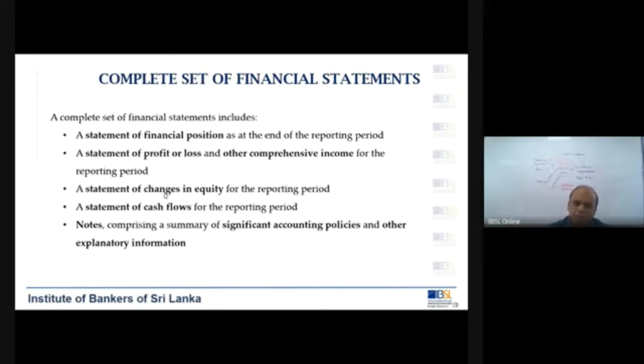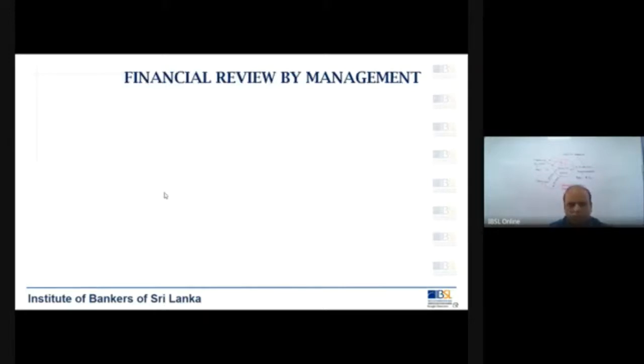What are the accounting standards that you have applied in preparing the financial statements? So all those information will be available. I will show you a part of the accounting policies, but if you go to a company's website and find out their latest financial statement, you can find out how lengthy these notes and the significant accounting policies to the financial statements are.